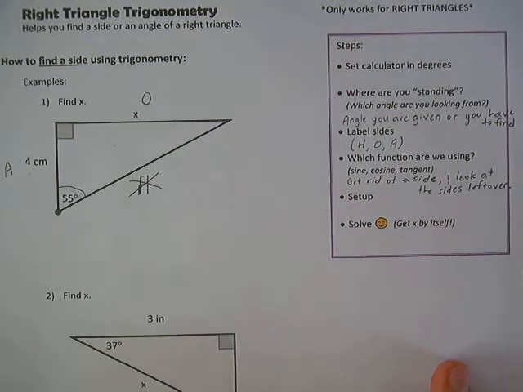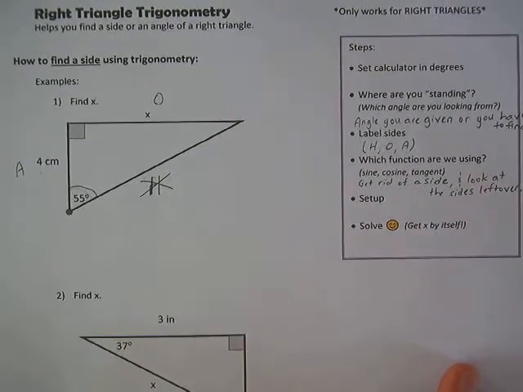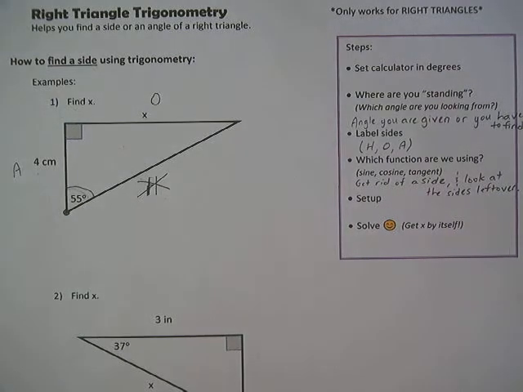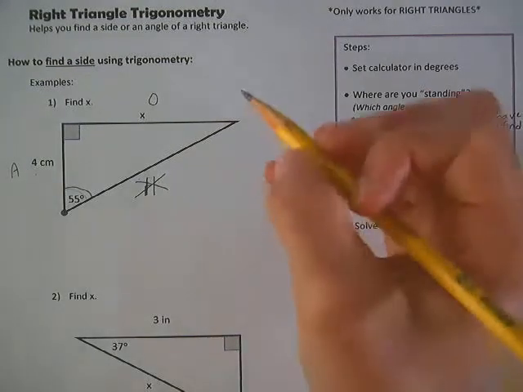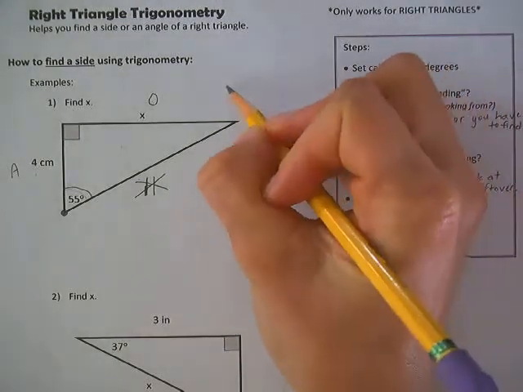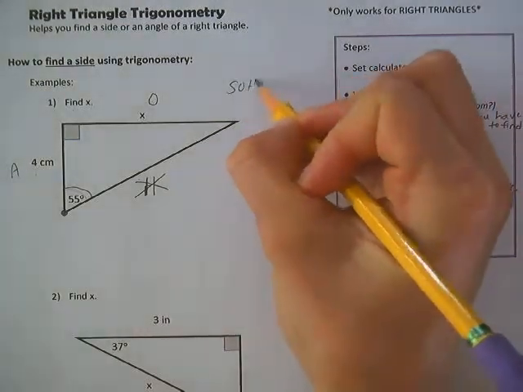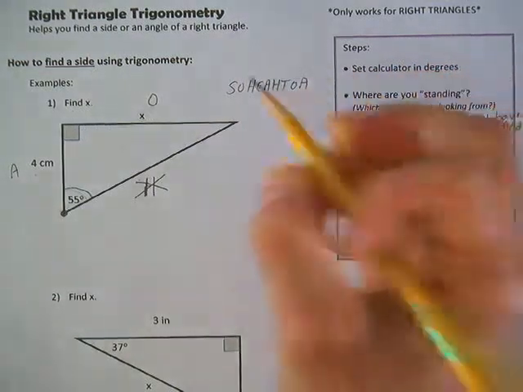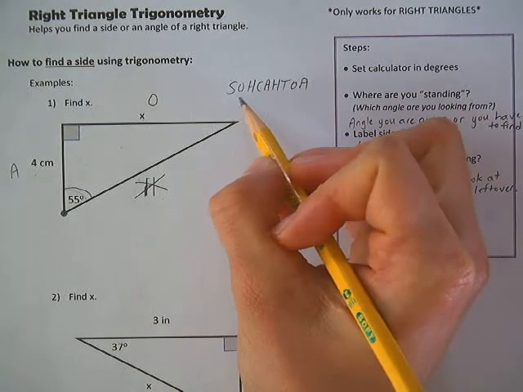Now, the other thing that you have to remember is that way of remembering the trig. So think back to yesterday. Did you remember it by the acronym, the word, or did you remember it by the sentence? Okay. And so because I did more with the word yesterday, I'm going to write the word. So remember, the word is SOH CAH TOA. And that actually helps you remember what goes with what.